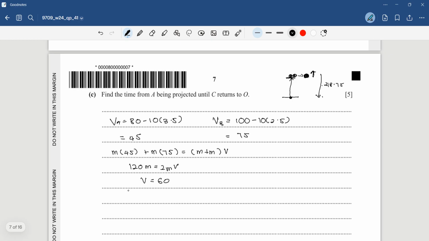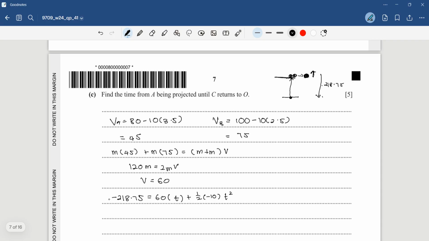Okay, so we can use S. The object needs to travel down from this point about 218.75. So it's going to be S, negative 218.75, is equal to ut, so it will be 60T plus half at squared.